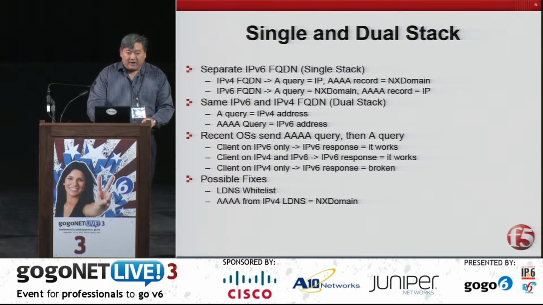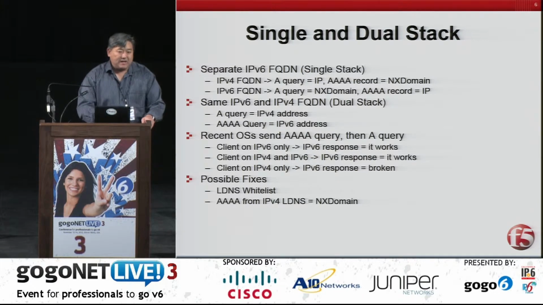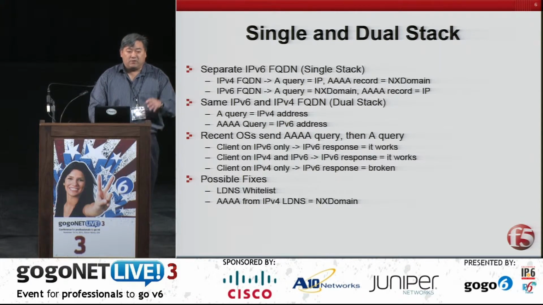So one thing you can do is develop a whitelist of LDNS servers, and say, well, these servers I know are on networks or service providers that provide IPv6 connectivity to all of their clients. So if I'm getting a request for a quad A from one of these good guys, then I know I can accept that and return a quad A record.